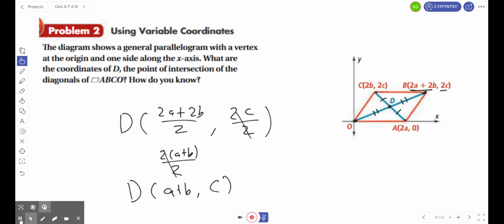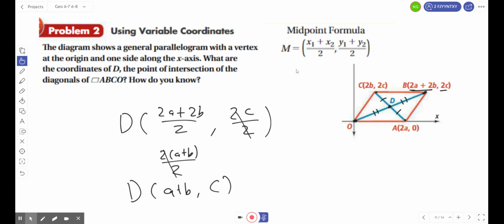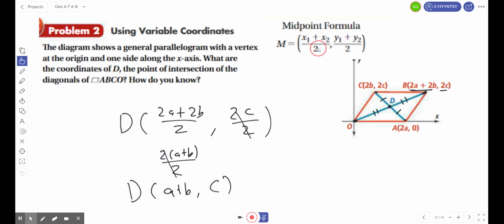But another way to think about it is to use the midpoint formula. So here's the midpoint formula. And what we did here is we used the origin as one of our points. So basically, this became 0 and this became 0 because the coordinates of that point is 0, 0.